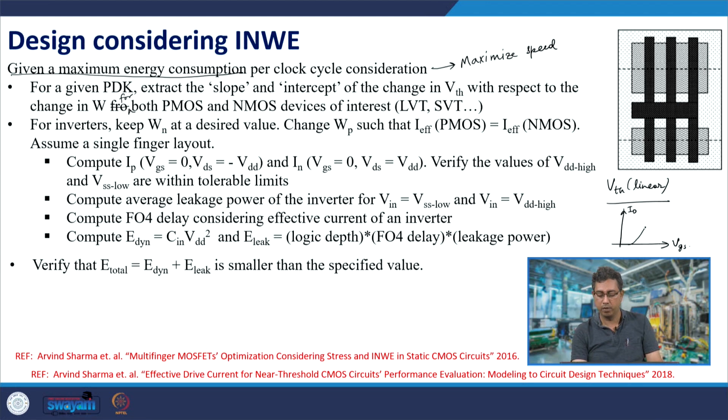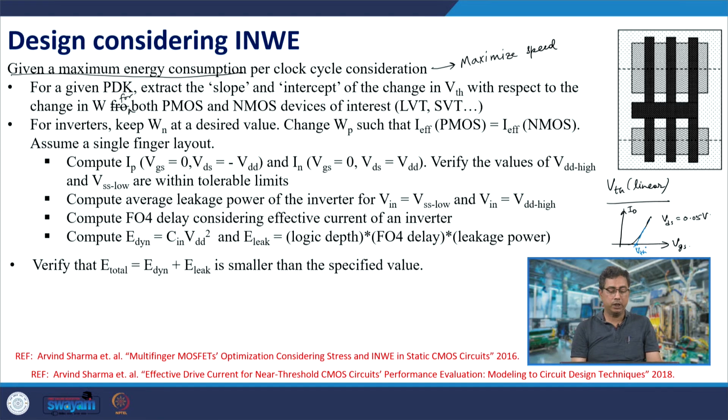Suppose you get a curve of this kind; this is not sub threshold, you are going into the above threshold regime voltages, and keep VDS equal to 0.05 volts. Then extend this to the x axis, and this you call the threshold voltage.